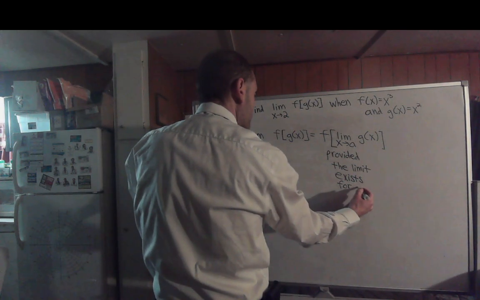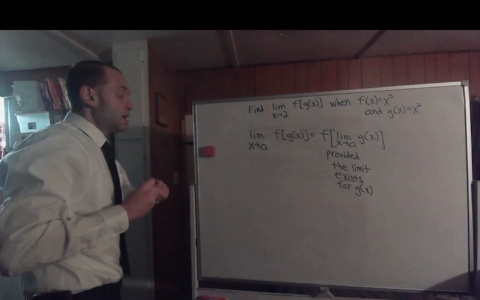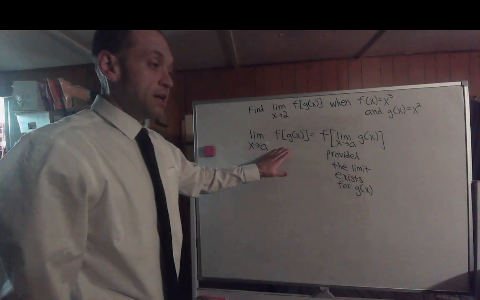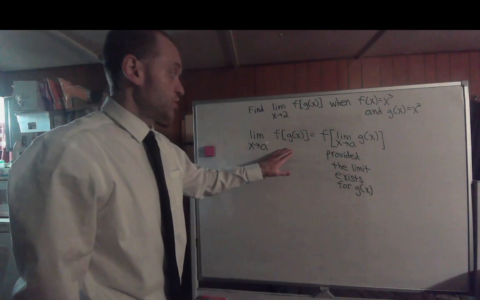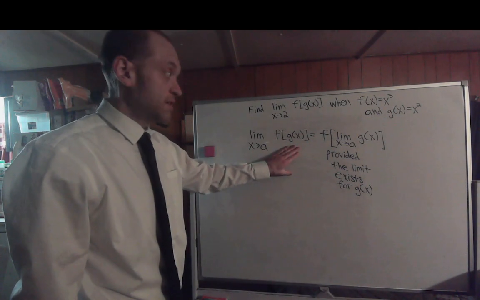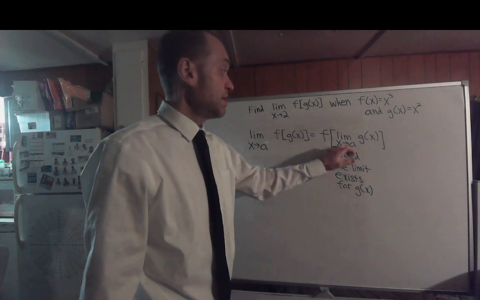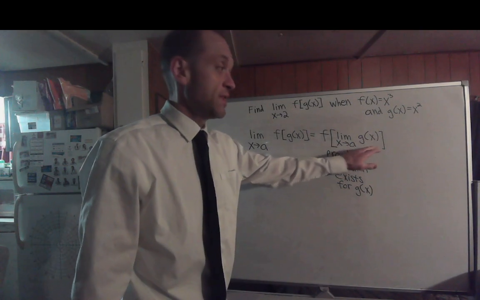So if I'm taking the limit as x approaches a of f of g of x, it's the same thing as taking f of the limit as x approaches a of g of x.